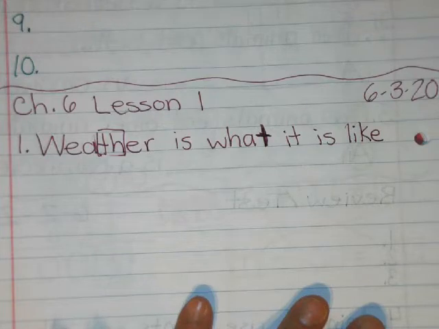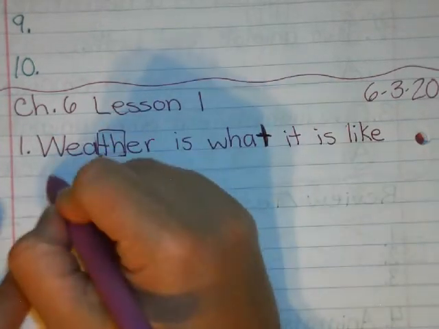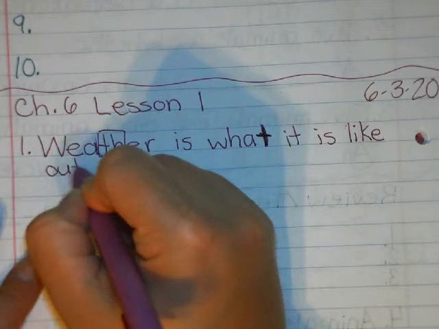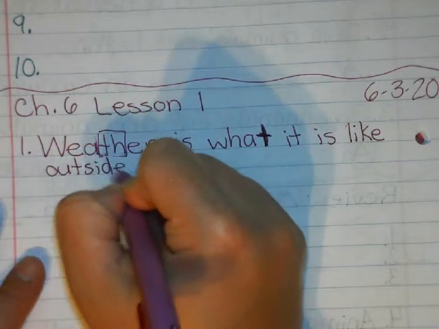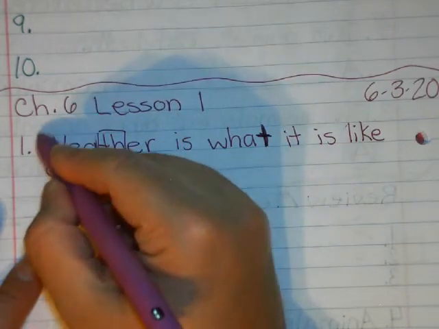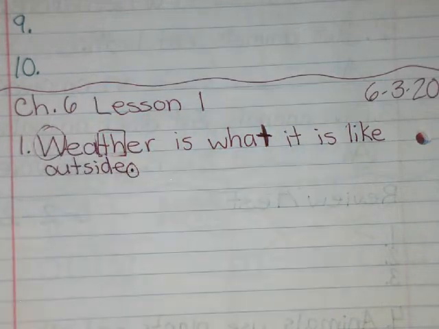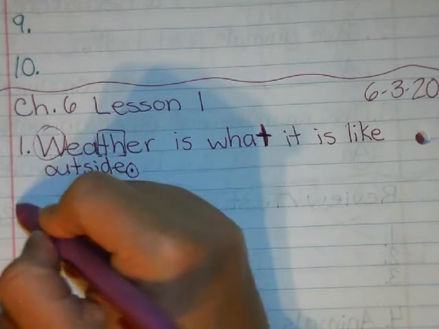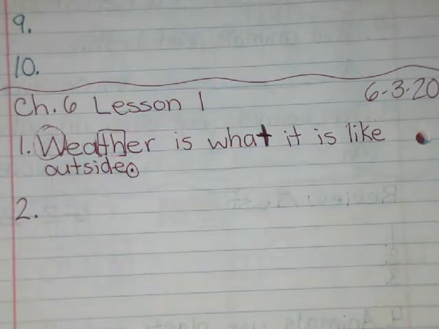Weather is what it is like outside. Okay, then we're going to put a number 2 for number 2. If you need time to write the sentence, pause it and push play when you're ready.